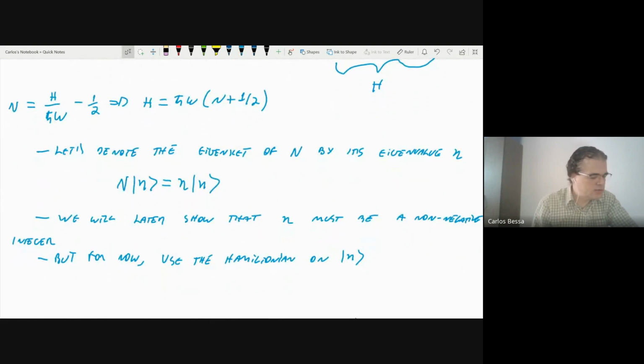To do that, H applied to n, we know that the Hamiltonian operator, when applied to a ket, the answer is the energy times the ket.